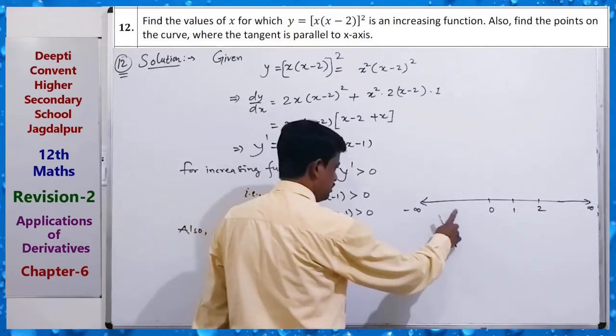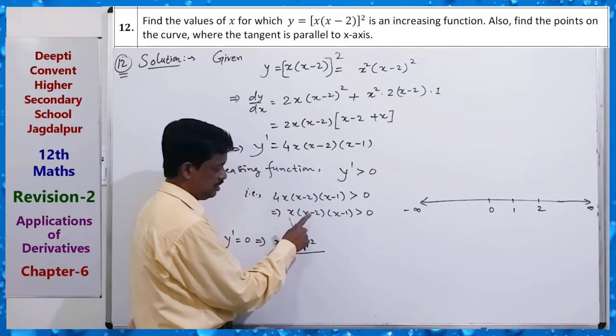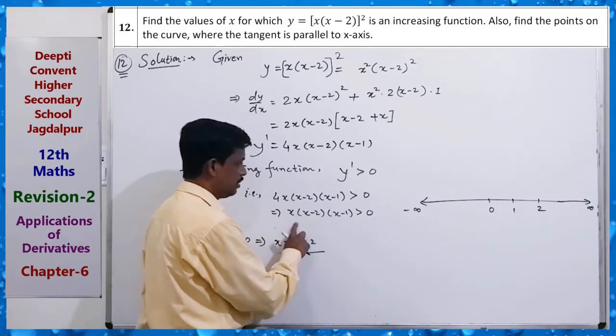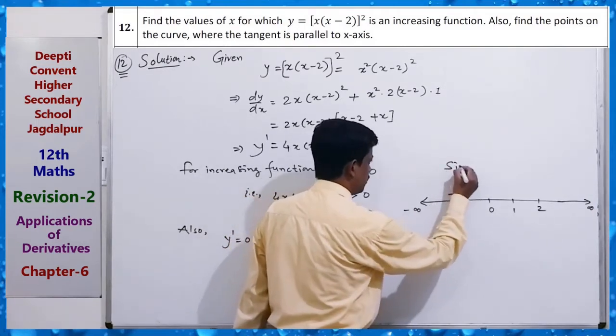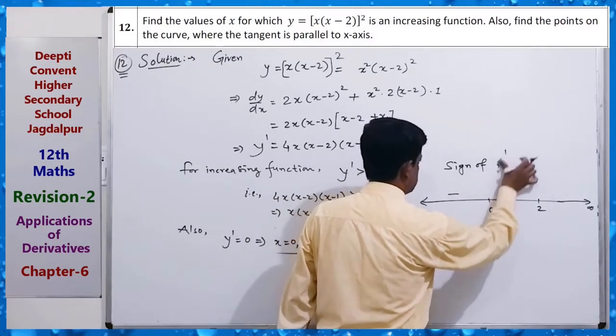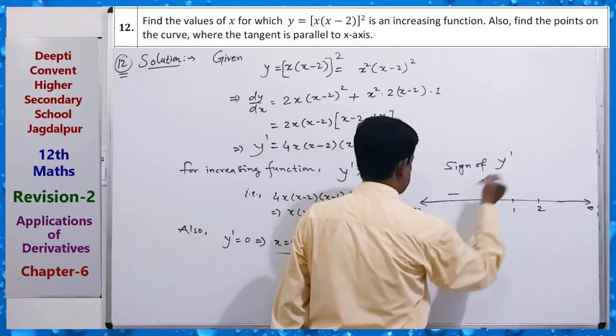If x lies in the negative values, then negative, negative, negative gives negative. Here the sign will be negative. That is the sign of f dash, meaning y dash, is negative.